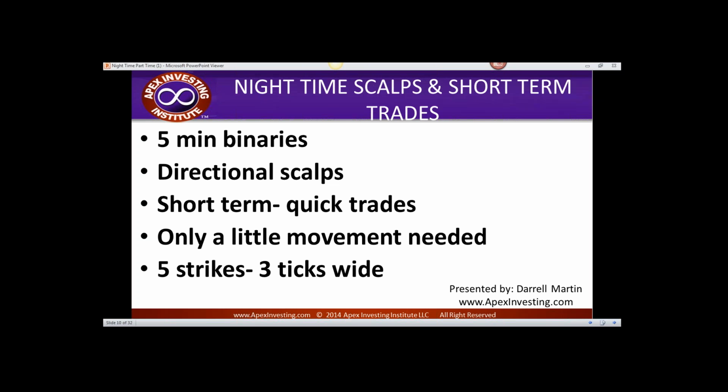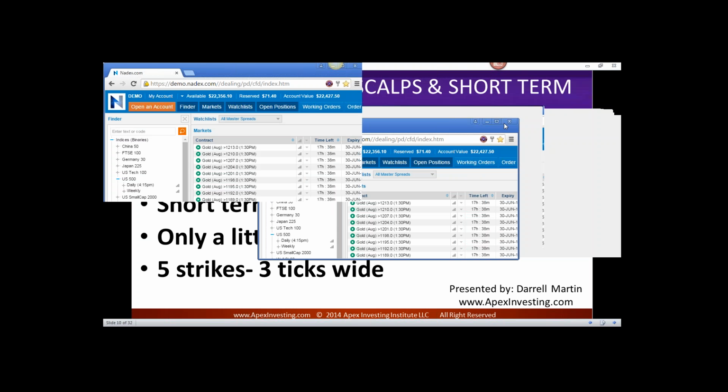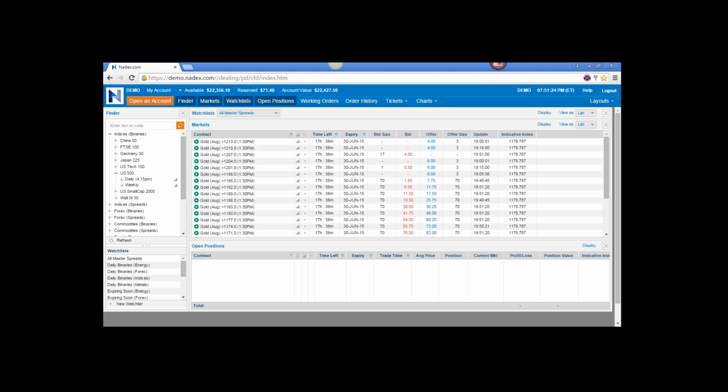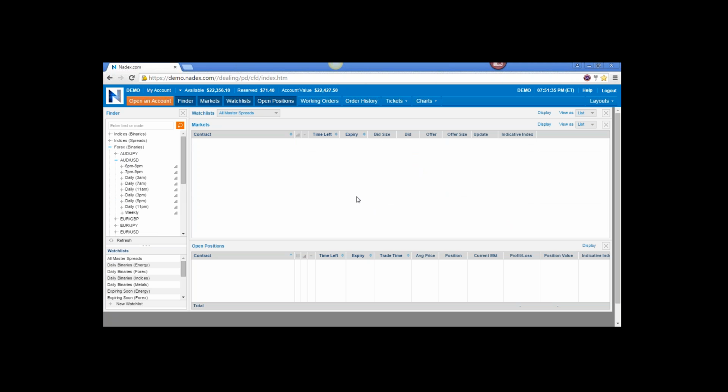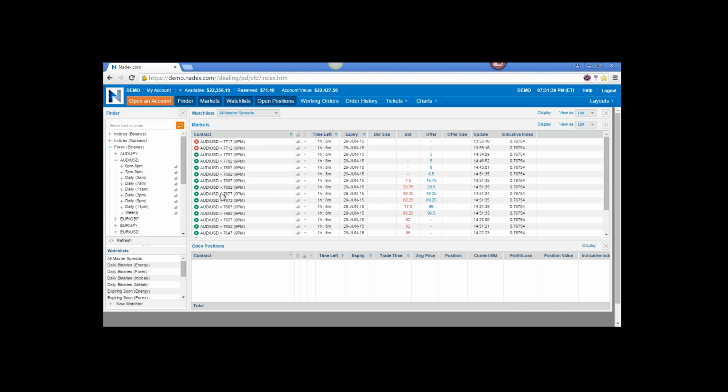What does scalping mean? Well, if you buy a binary, let's just go through it real quick. If I were to buy a binary, I'm just going to choose an example. Let's do an Aussie dollar for 9 o'clock. Now, this is not a trade recommendation. I'm just showing you an example here. If any of you are not familiar with the basics of how a binary works, you can find those videos on our site.